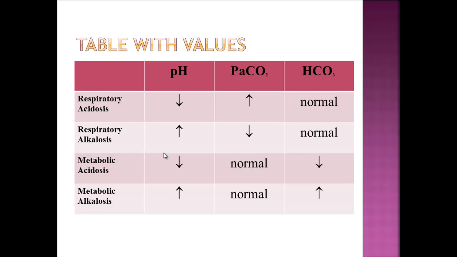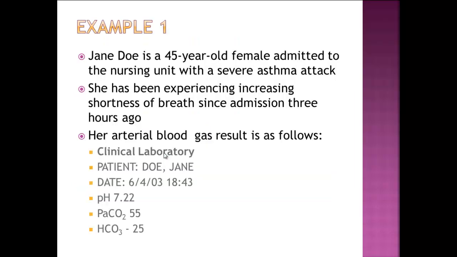Again, nothing going on with PaCO2 because this is just an acute metabolic acidosis. We're not worried about what the PaCO2 is doing when we've concluded it's metabolic at this point. And for metabolic alkalosis, pH will rise, as will the bicarb, confirming alkalosis and that it is a metabolic origin when the arrows are moving in the same direction.